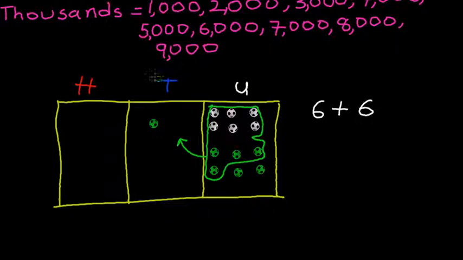That's the 10th. Okay, so remaining 2 balls left here. So the 2 balls come down. Now we have 1 ball in the 10 column, and when we have 1 ball in the 10 column, then we have 10. So 6 plus 6 gives us 12.